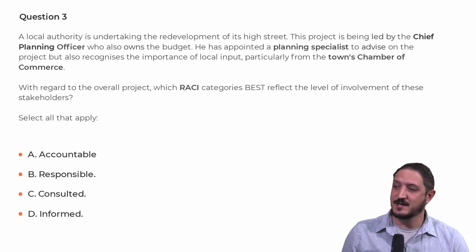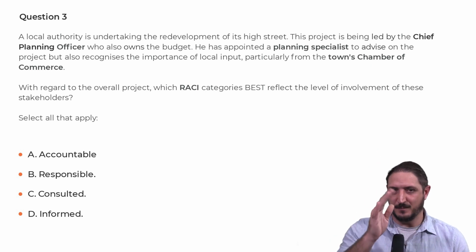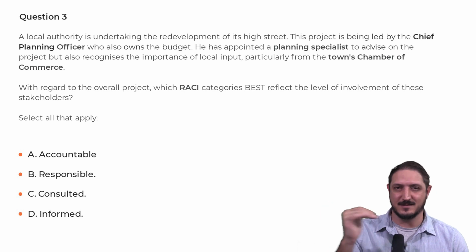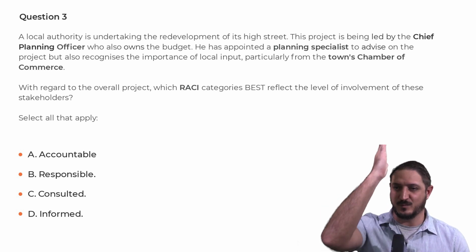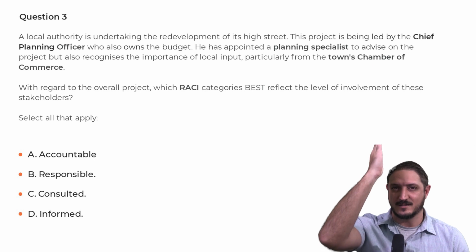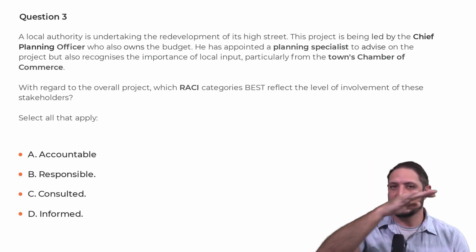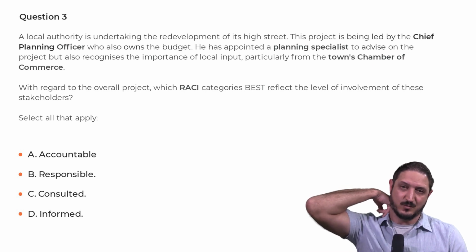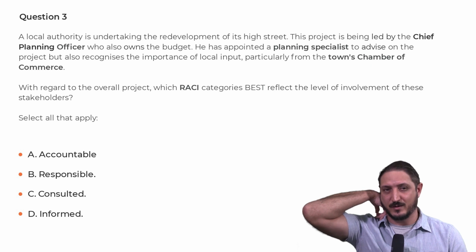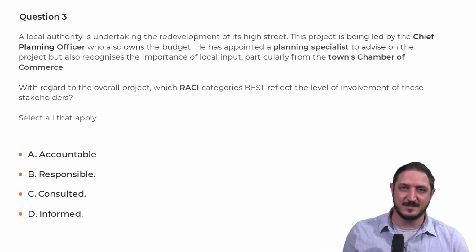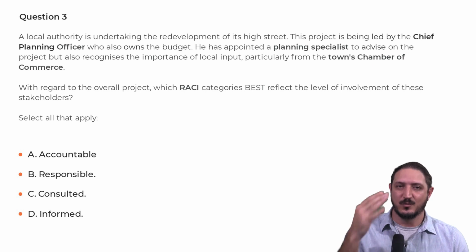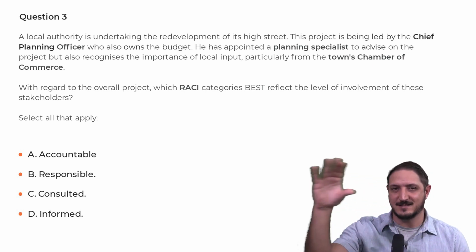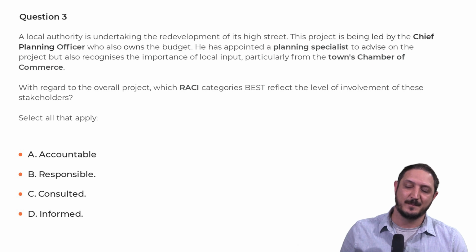It's the Chief Planning Officer, the planning specialist, and the Chamber of Commerce. So if we were creating a RACI, we would have our 2 axes or our table. We would potentially have our stakeholders at the top, and then our tasks going across. Or if it were documents or products, or whatever the responsibility these stakeholders would have over, would be on the one axis, and then the stakeholders would be across the other axis.